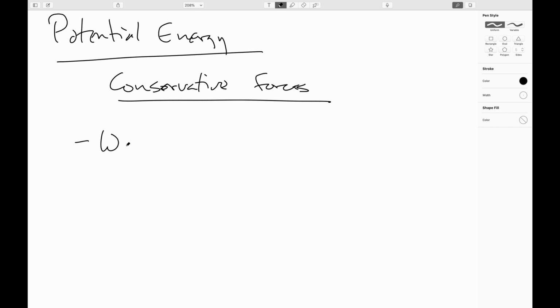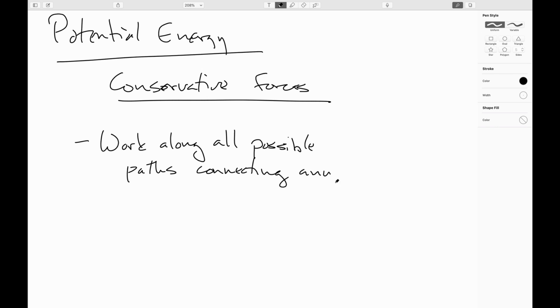The first definition says that the work along all possible paths connecting any 2 points is the same.